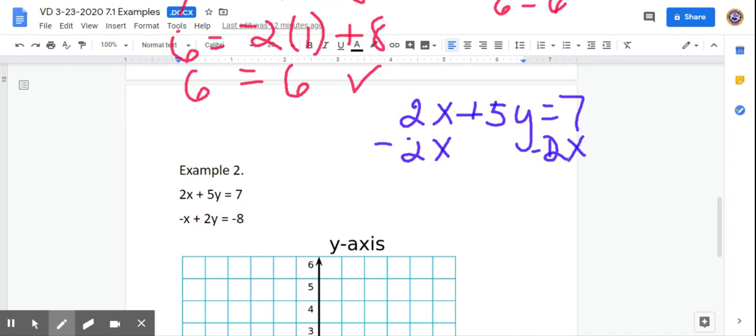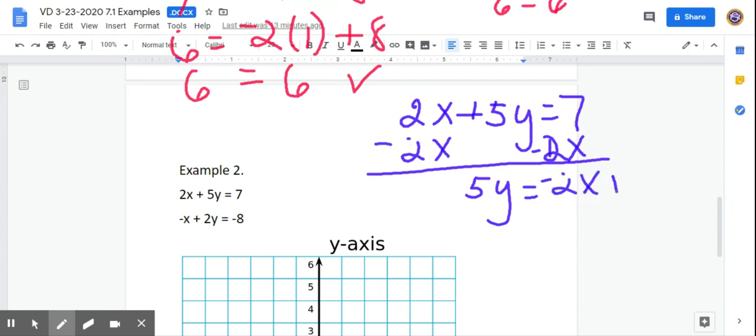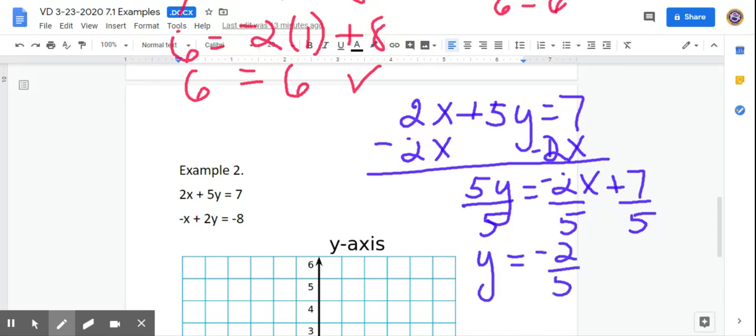So subtract 2x from both sides, and we have 5y equals negative 2x plus 7. Now we're going to divide by 5. So we get y equals negative 2/5 x plus 7/5.